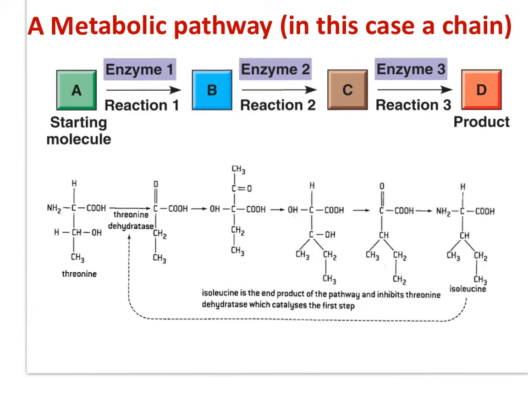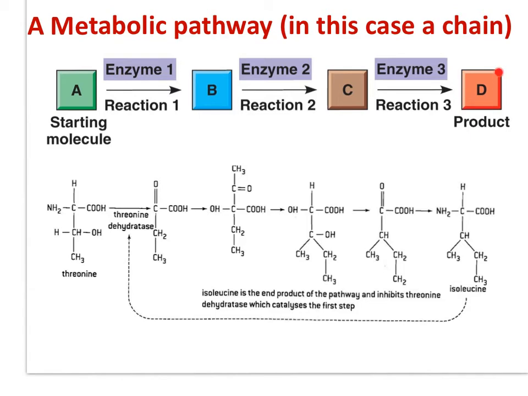So let's look closely at how metabolic pathways can be controlled by non-competitive end product inhibition. A metabolic pathway is shown here, starting with a molecule that is enzyme catalyzed through a series of intermediates leading to product D. Now imagine that product D was a non-competitive inhibitor of enzyme 1.